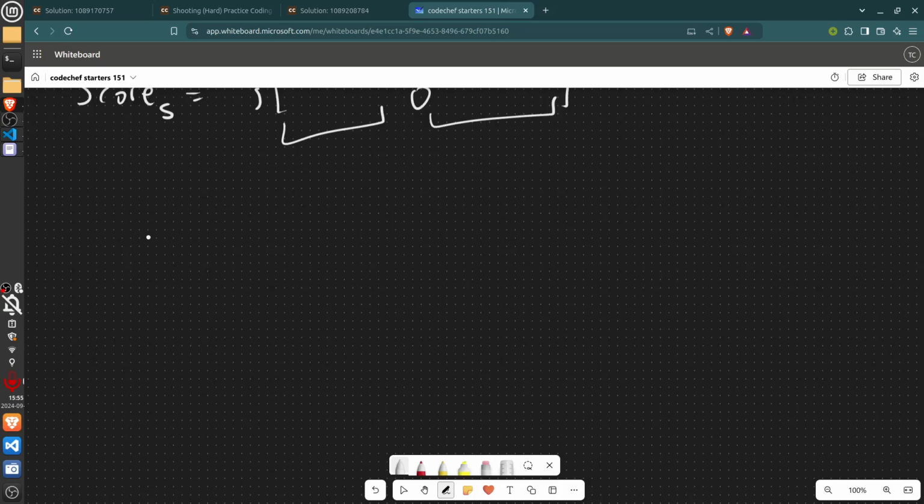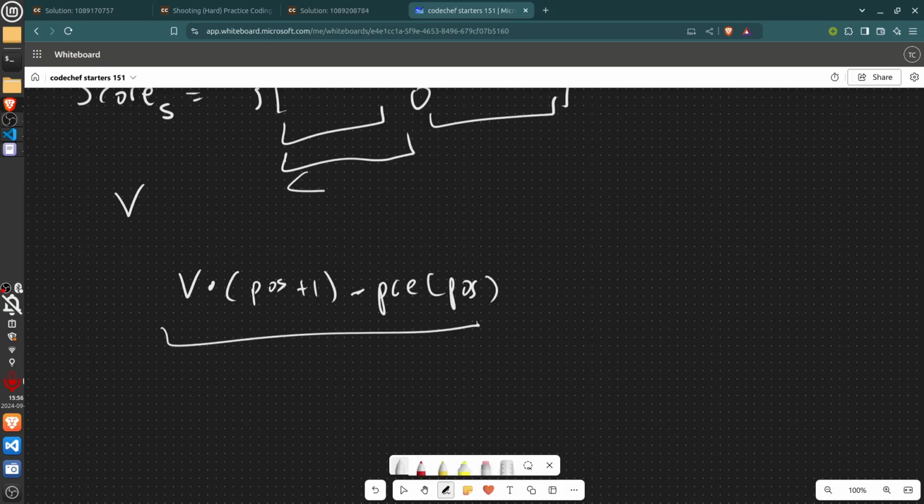I'll write down the basic idea. Given your current value, let's say your current value is v, to calculate the prefix distance, all you need to do is v times something like position, I think you do have to do +1, minus the prefix sum at pos.